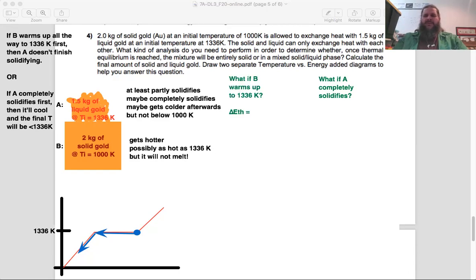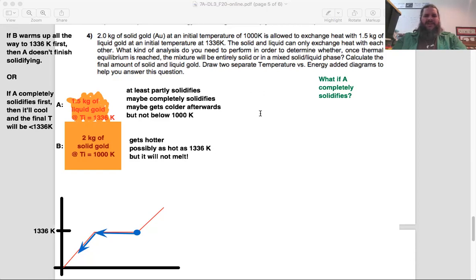And what formula could we use for that? What's our usual formula for thermal energy that would be applicable here? Yeah, MC delta T should work because mass is what we're dealing with. And we know the mass of object B is 2 kilograms.